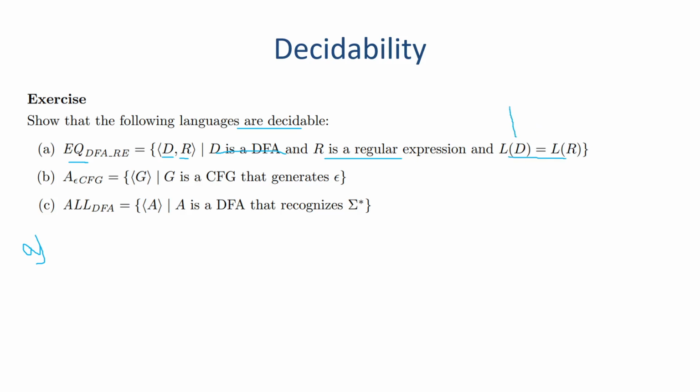So essentially, if this language is decidable, there's some machine that takes as input D as a DFA, R as a regex, and it'll be correctly able to say yes or no. It'll say yes if the language of this DFA and the language of this regex is the same. No otherwise.